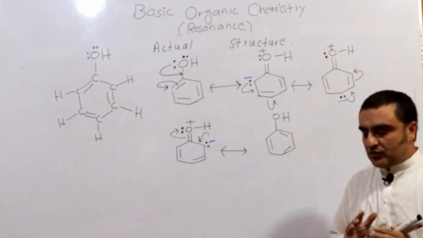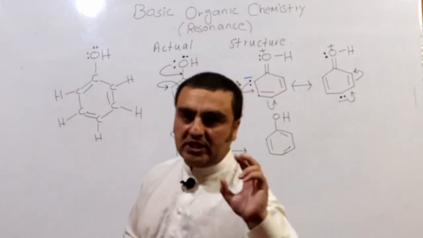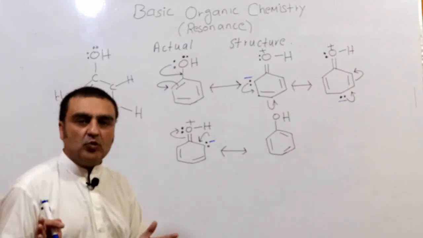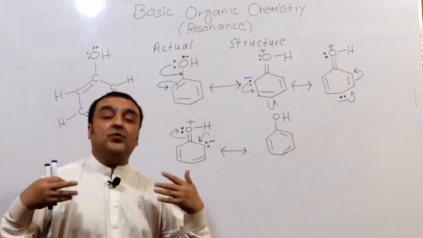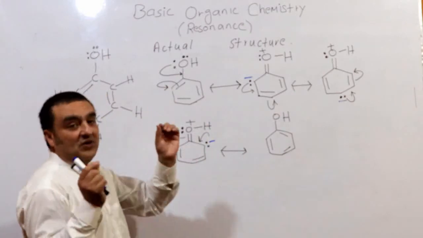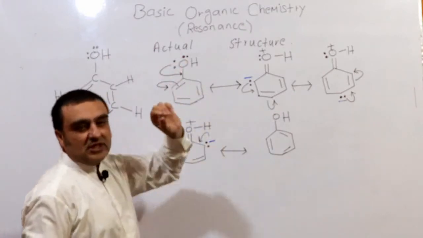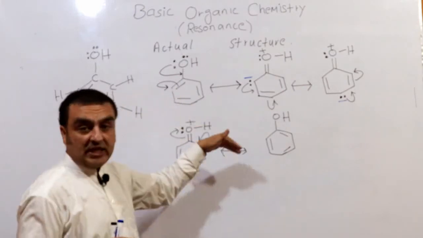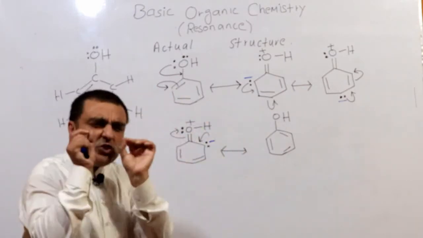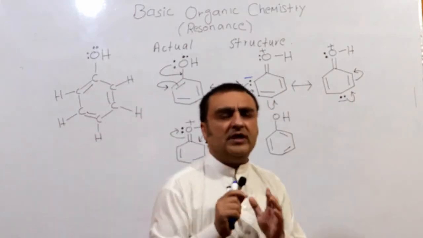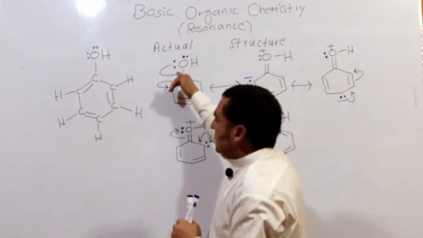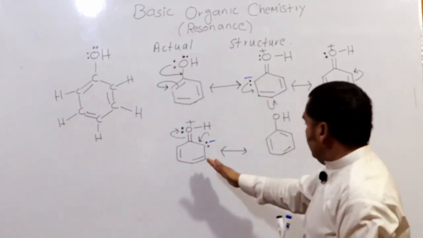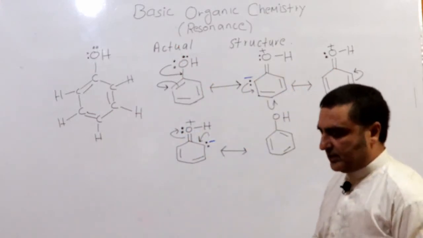So when you draw all the canonical forms, you just see that on 3 positions the negative charge is more concentrated. The negative charge of what? The negative charge of this poor oxygen. But this is again not 100% of the electrons moving inside the ring. A very small portion of the electron cloud is shifted here, okay, and it produces those forms.